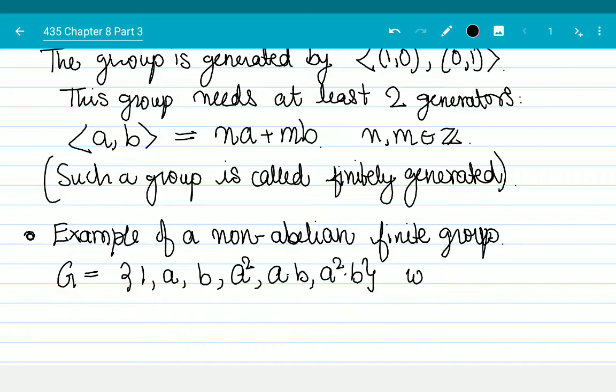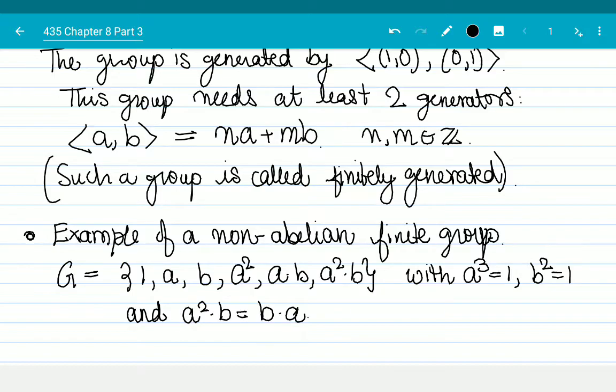with a cubed equal to 1, b squared equal to 1, and a squared b equal to b times a.